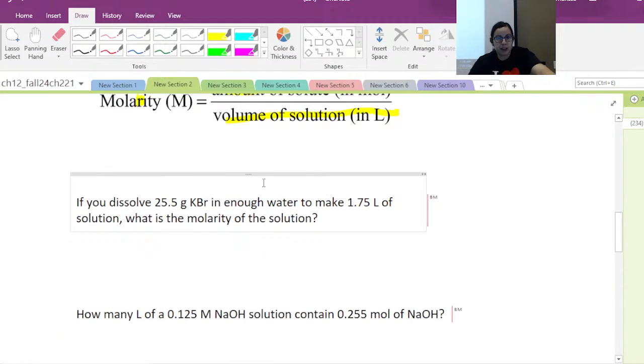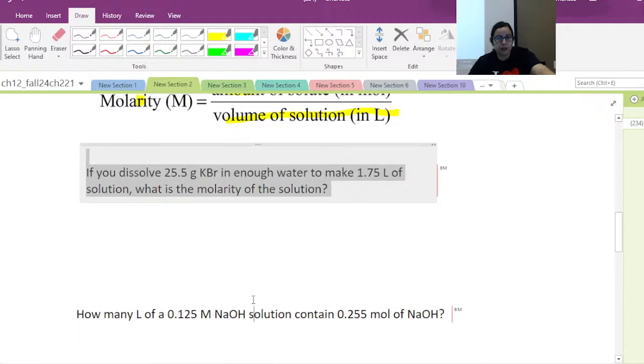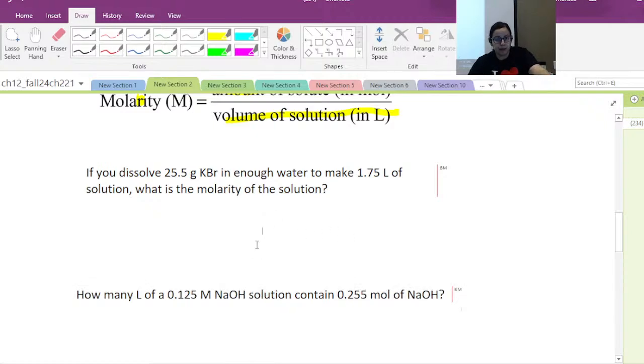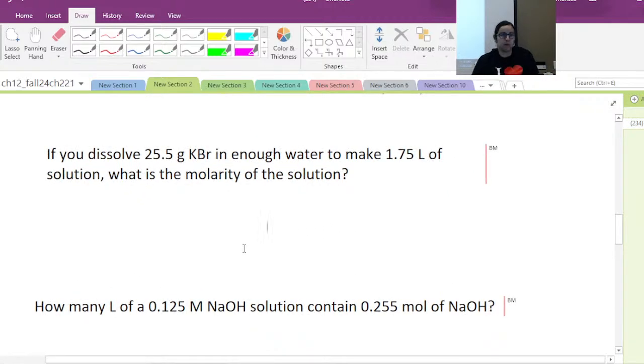So let's try these 2 problems. We'll start with the first one. If we dissolve 25.5 grams of potassium bromide in enough water to make 1.75 liters, what is the molarity?